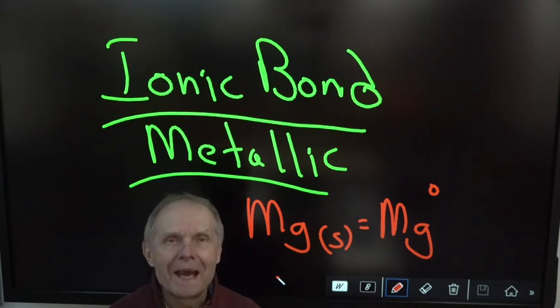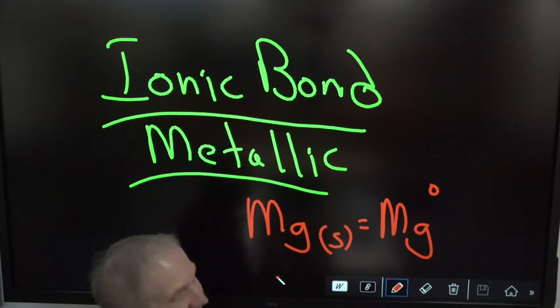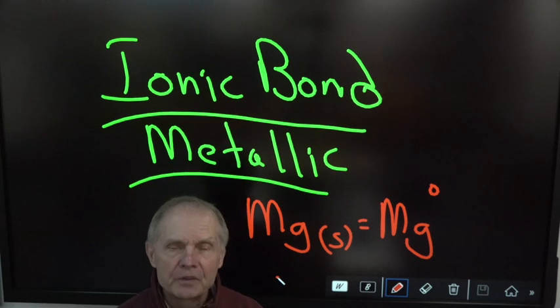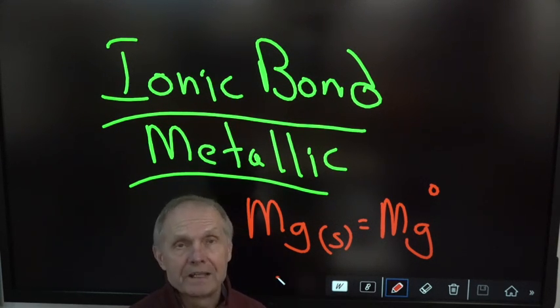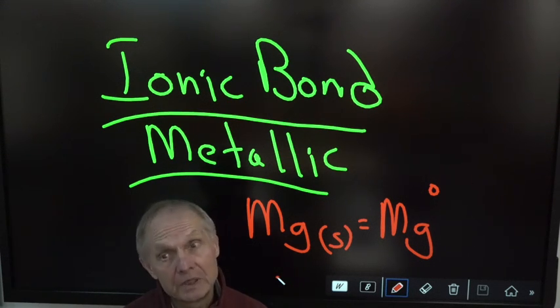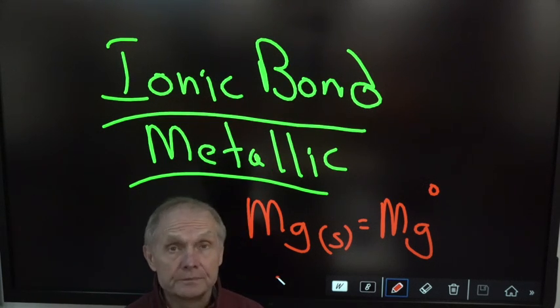So if there's no metal in this substance, it can't be ionic and it can't be metallic. So the deal is, if there's no metal in it, chances are it's going to be two nonmetals hooked together. And with two nonmetals, like we did in the last video, one can't rip off the other.